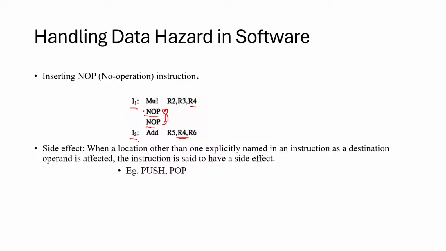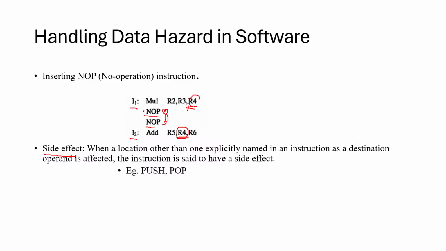Okay, next one, side effect. Here, sometimes the data dependencies encountered are explicit. See here in this example, the data dependencies are explicitly known because the name of the register is available in the instruction itself. Sometimes an instruction changes the content of a register other than the one directly named as a destination register in the previous instruction.